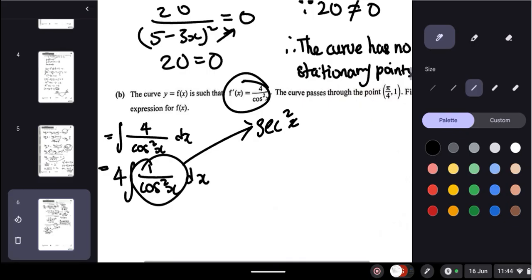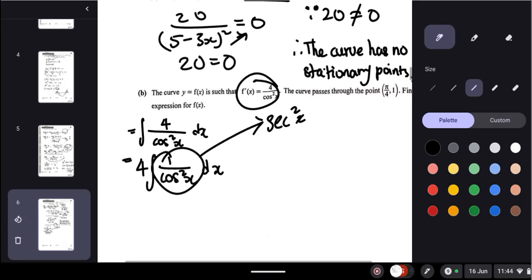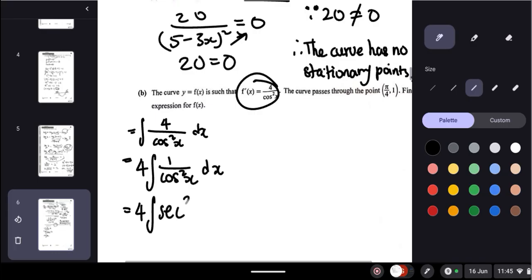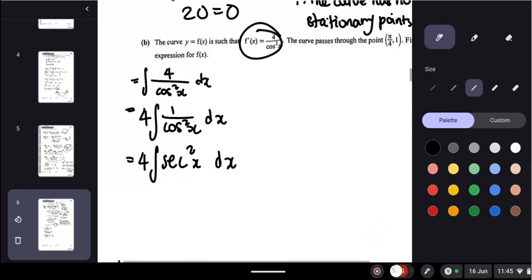There's nothing that can be done from there. If you are stuck there, honestly, you can't do anything. So now when you change this into secant squared, this is basically the identities.